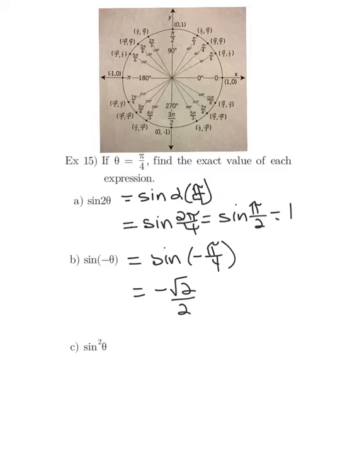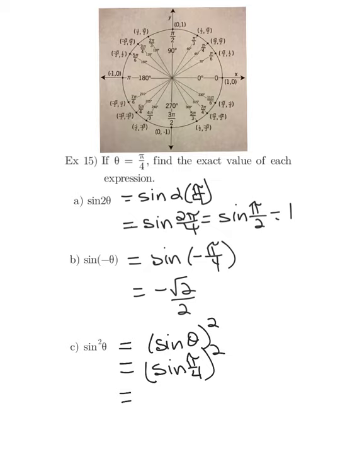On example C, we are asked to do sine squared of theta. The first thing you need to recognize about this kind of notation on a trig function, when you see the square on the trig function, is that you are taking that trig function of sine theta and squaring the answer. So now if we put our theta value in, this is saying we need to do the sine of pi over 4 and square the answer.